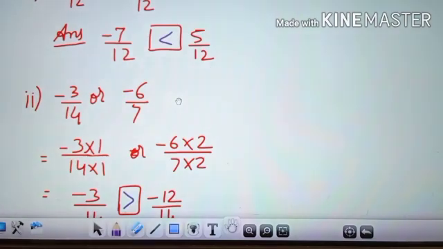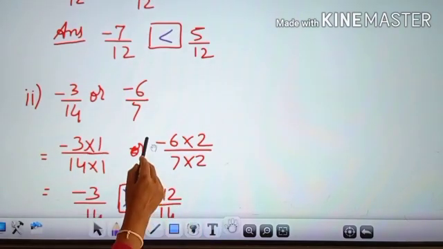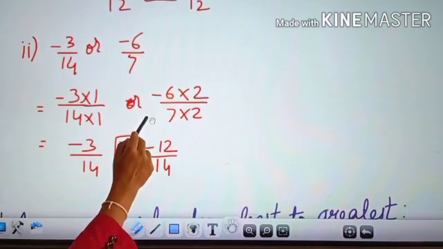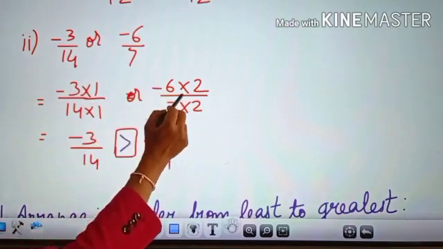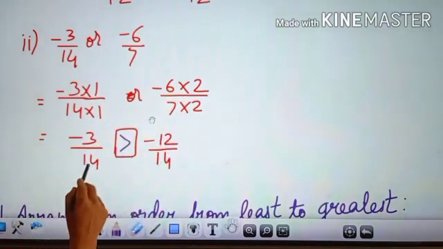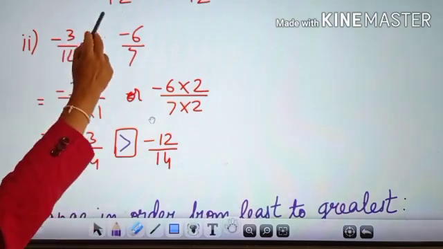But now see the second question, children, the denominators are different. If the denominators are different and we want to compare greater than or less than, you have to make them the same, means you have to take the LCM. 14 1s are 14 and 7 2s are 14, you have to make it 14 and 14, like terms. Earlier I have taught you about like terms.